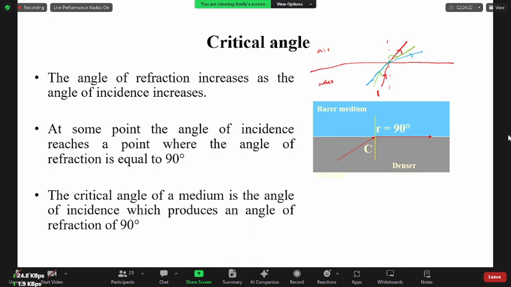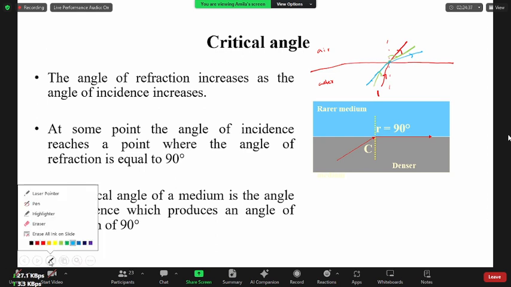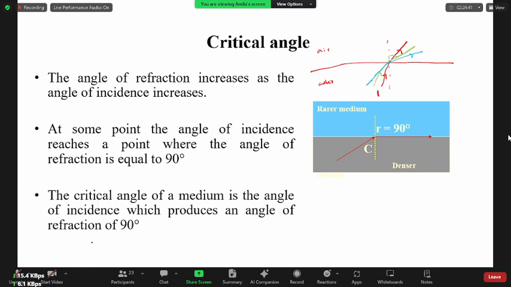And as I increase and increase, there will be an incident angle at which the refracted ray goes along the surface, right? If I increase more, there will be an angle where the light goes along the surface.